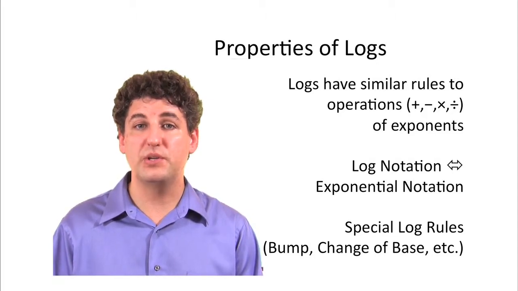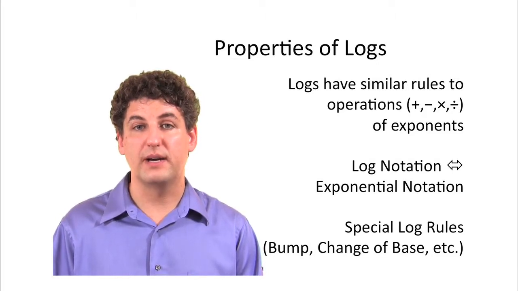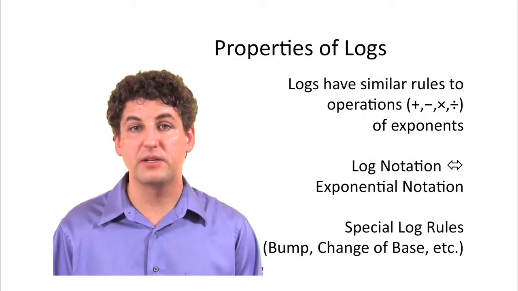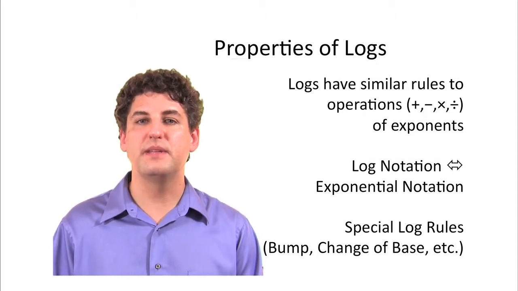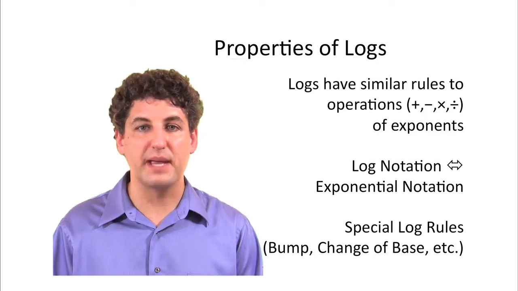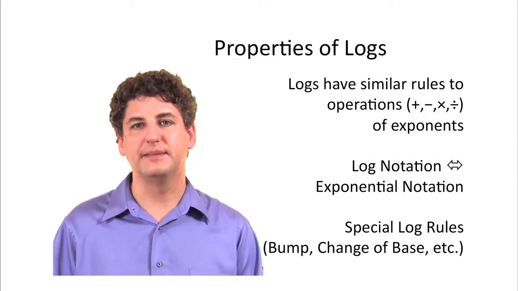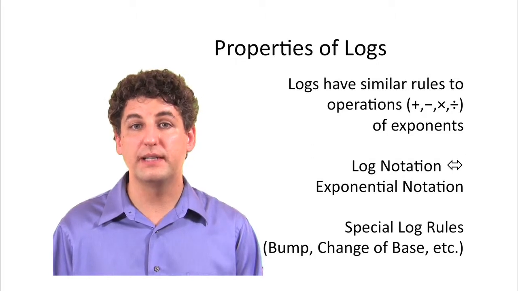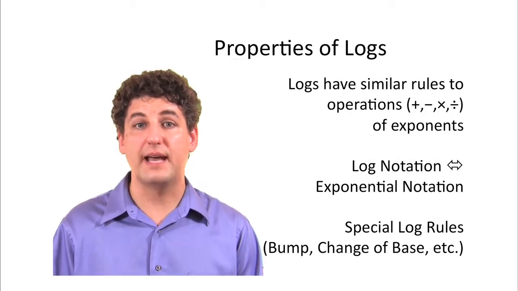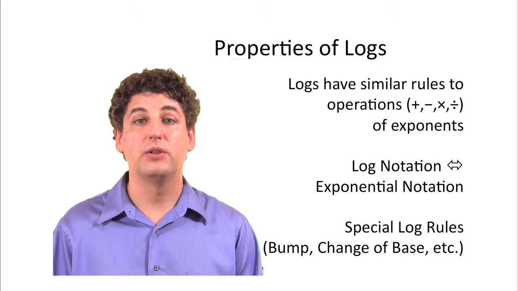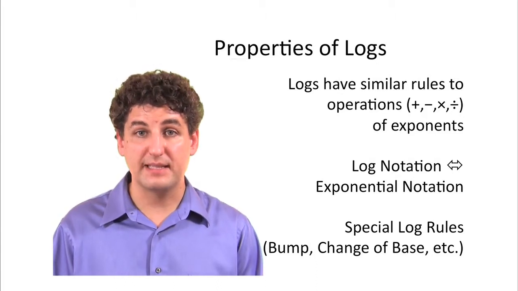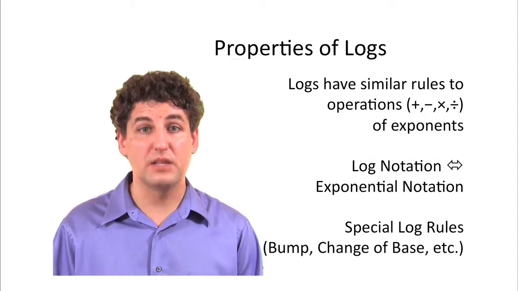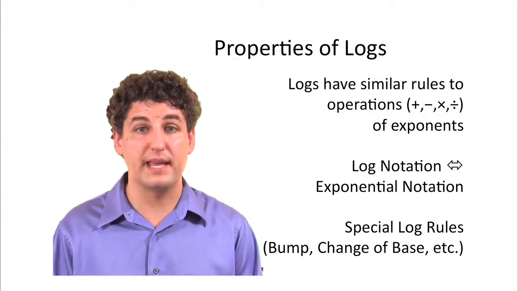And I also want you to pay attention to things like the bump rule, where you're converting between exponential and logarithmic notation, and some of the other fun rules like the change of base rule, and the one where you take the log of a number to that same base, for example log of 10 to base 10, paying attention to those kinds of situations and what they mean.